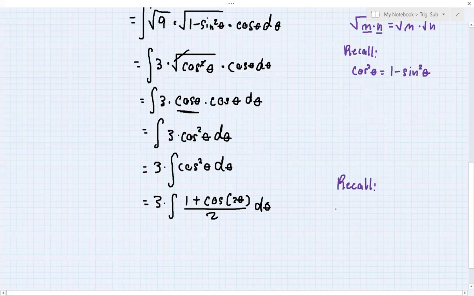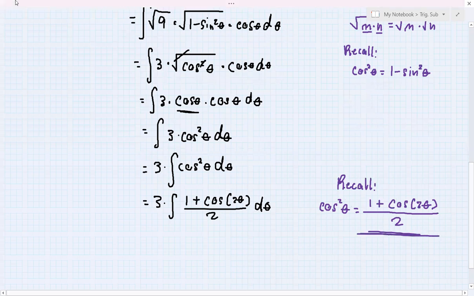Okay, power angle identities na kapag naka-square si cosine theta, we can use 1 plus cosine of 2 theta all over 2. Pwede natin gamitin to instead. Okay, we can use that.